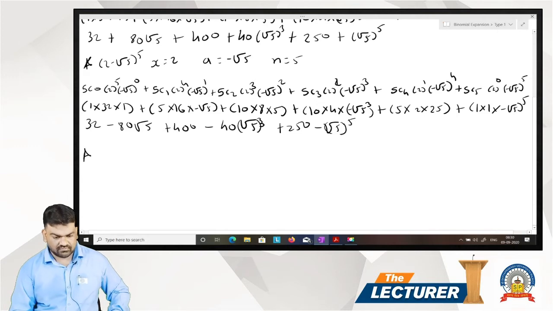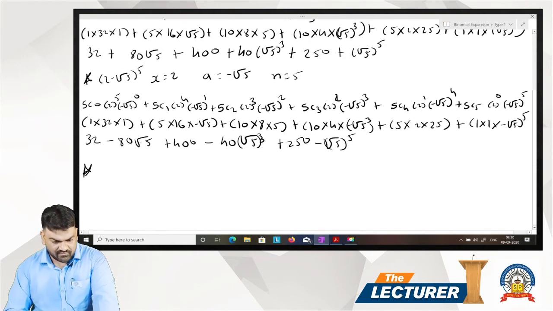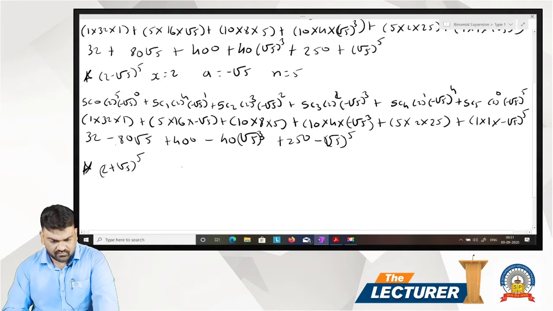Okay now, (2 plus under root 5) raised to 5, plus (2 minus root 5) raised to 5.